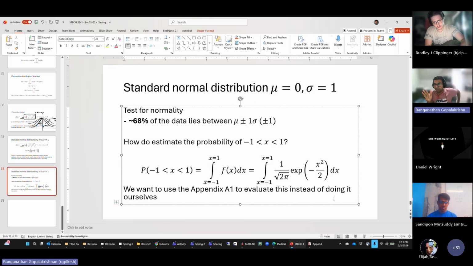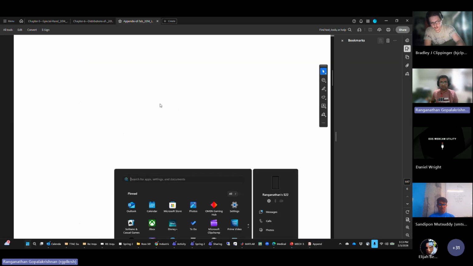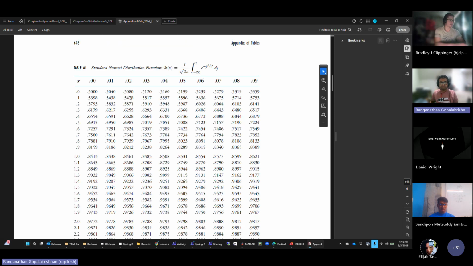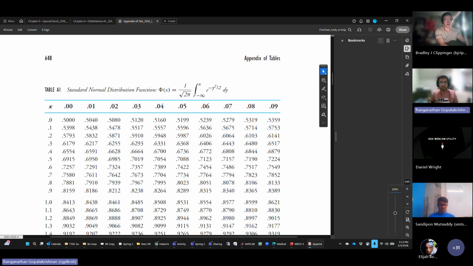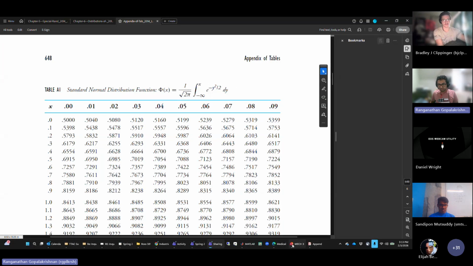We want to use the table to evaluate this. With me? Okay, I'm going to do some tricks now. All right. So look at this. Let me just take a screenshot of this function so that I'll have something for reference.